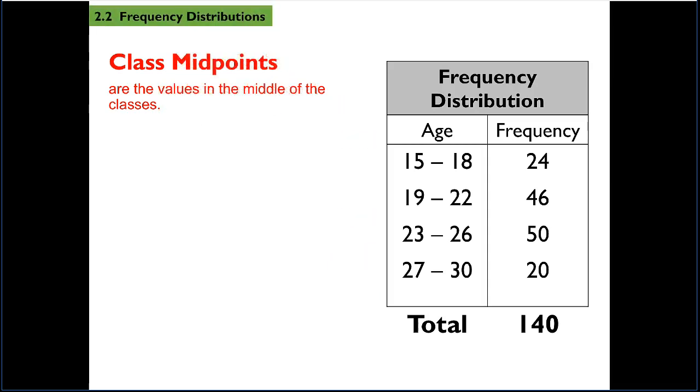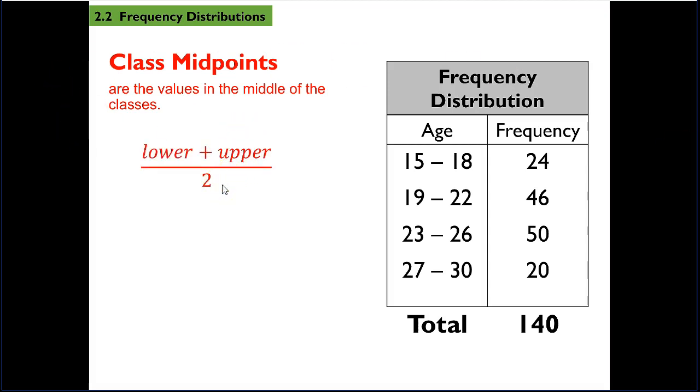And then we have class midpoints. Class midpoints are the midpoints of each class. For example, the first class midpoint is the one in the middle of 15 and 18. Here's a formula to help you figure it out if you can't just see it. It's upper plus lower divided by 2.